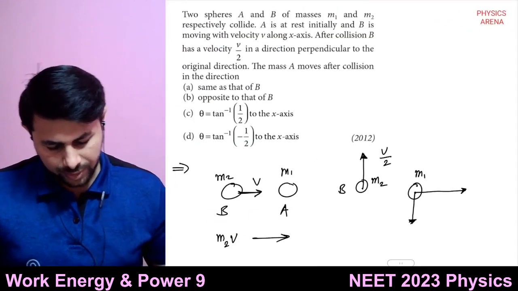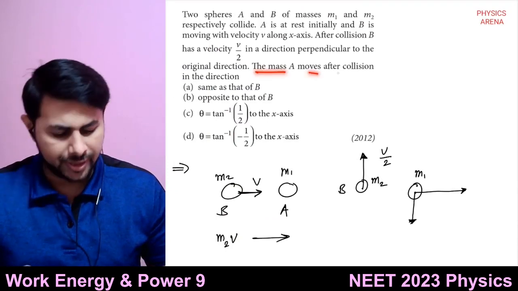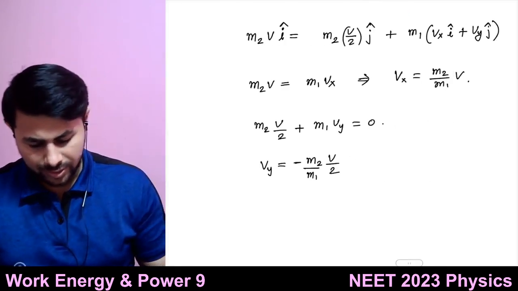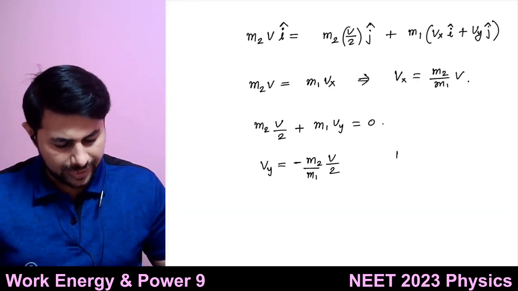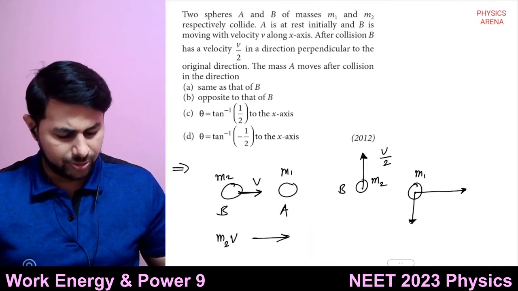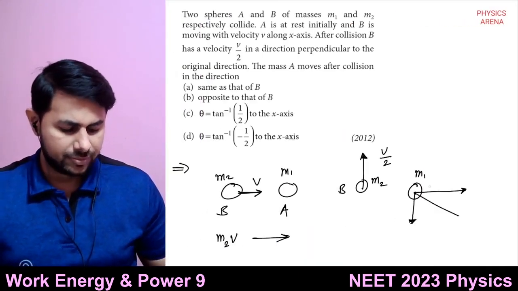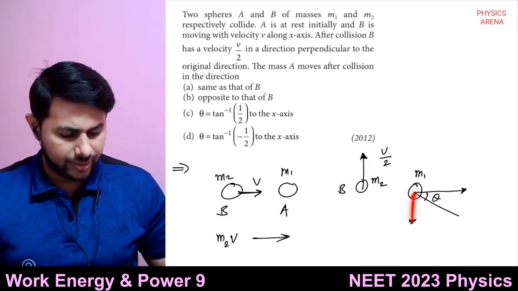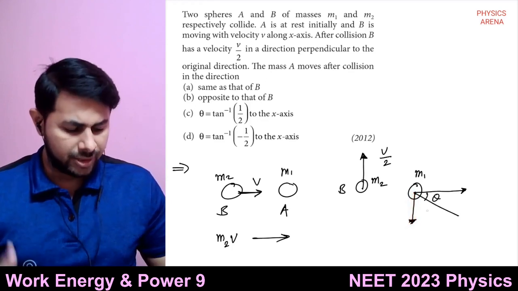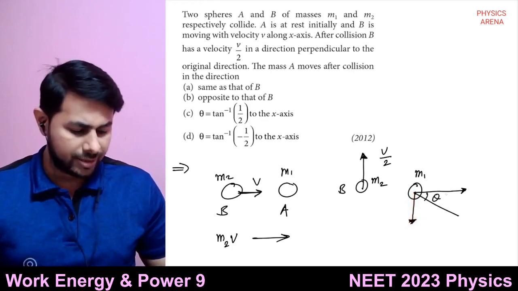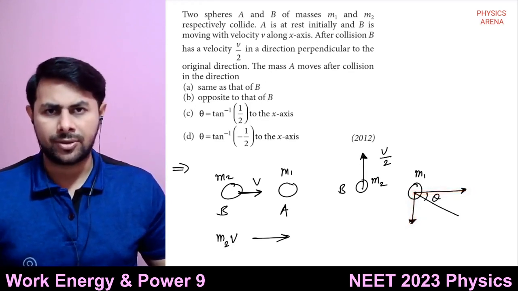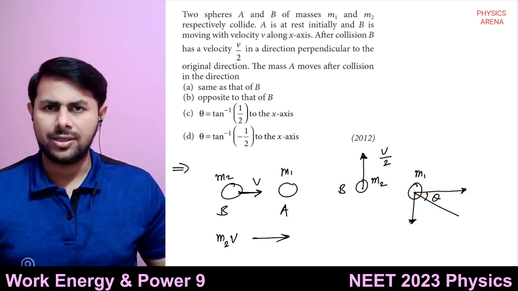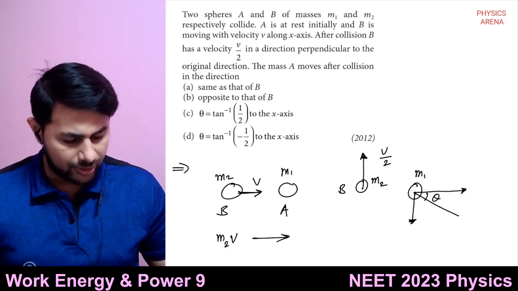So the question is, the mass A moves after the collision in which direction? Let's suppose it moves in this direction, at angle theta. Tan theta equals the y component of velocity divided by the x component of velocity.